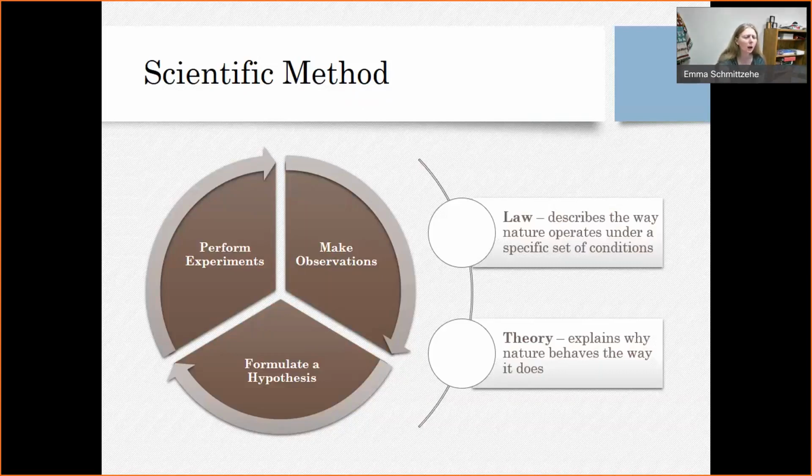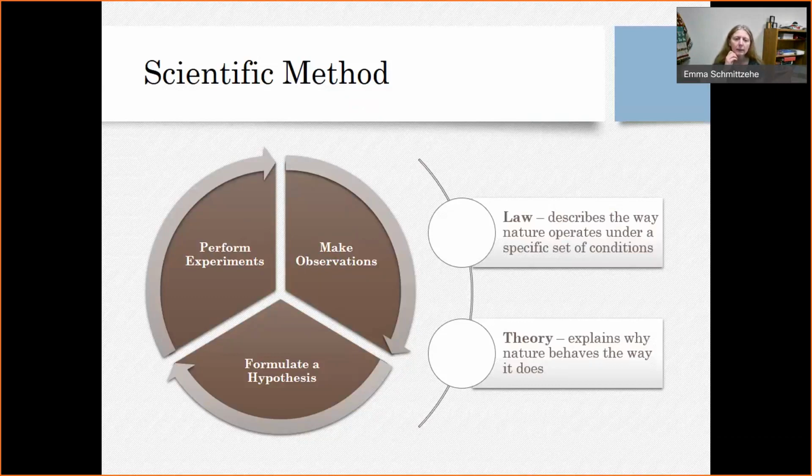Okay. Now, the scientific method is something that is applied usually in the lab. Now, at the level of an introductory and a general chemistry course, you usually don't go through this whole cycle. You definitely don't go to the point of developing laws and theories.